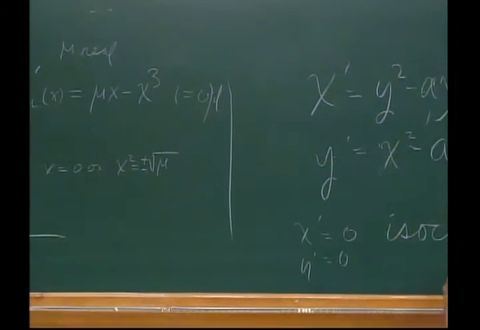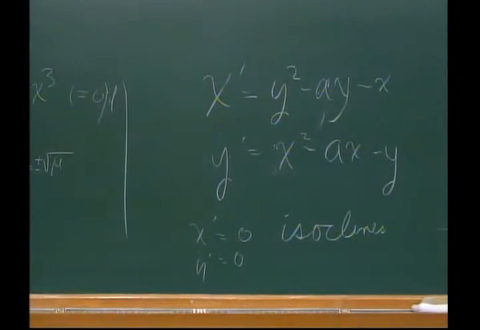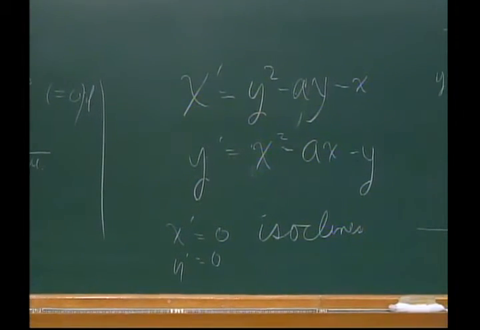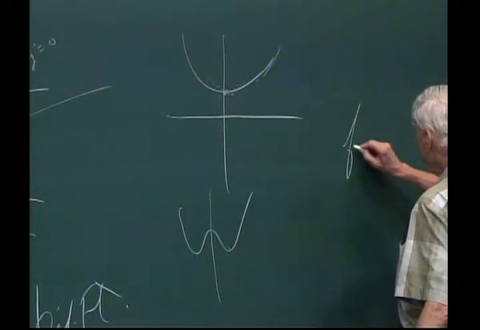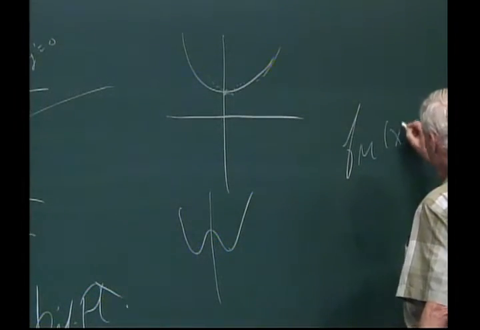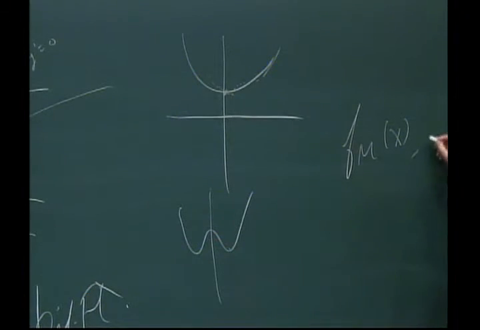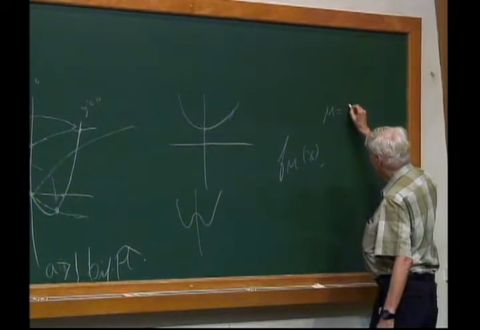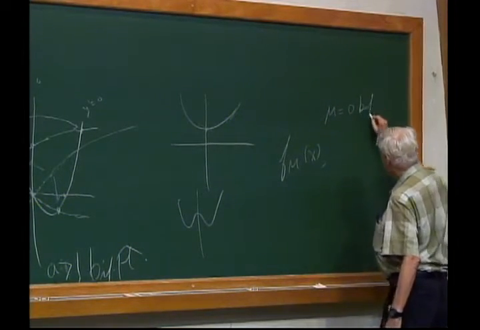And here's the hypothesis, which I'm pretty sure is new. If we're looking at f mu of x, this can be any number of variables. Say mu equals 0 is the bifurcation.